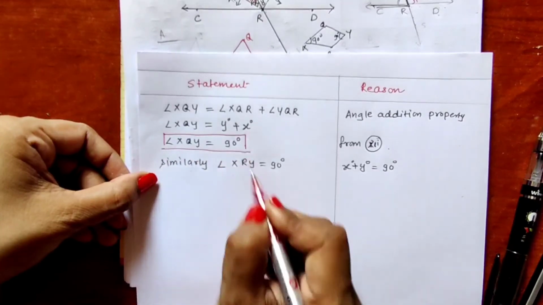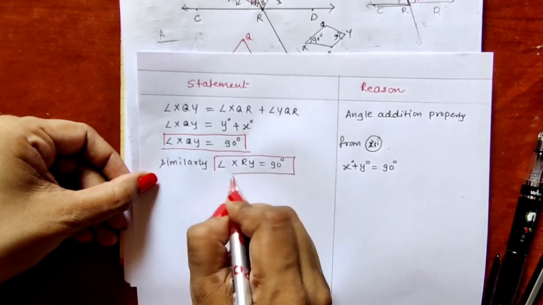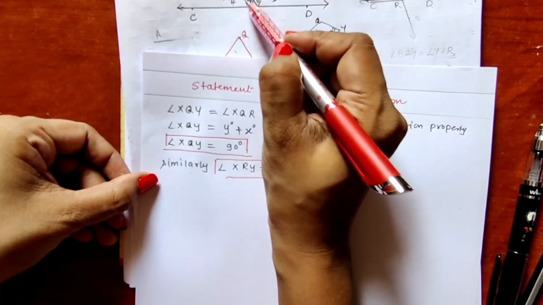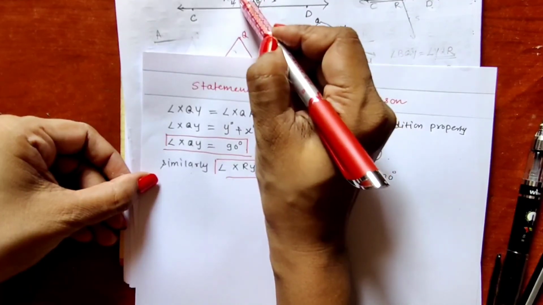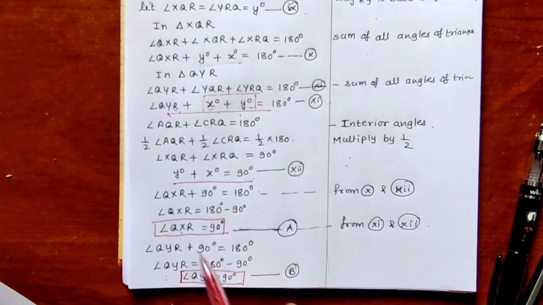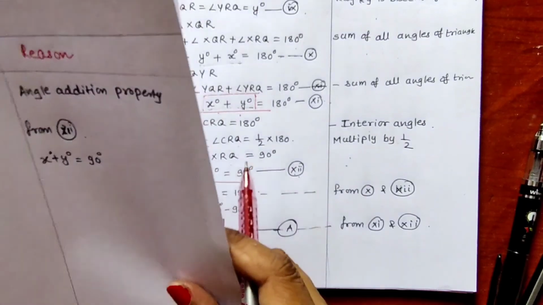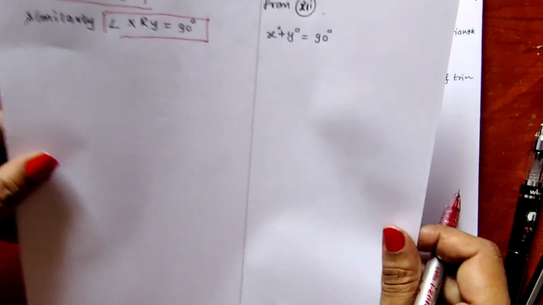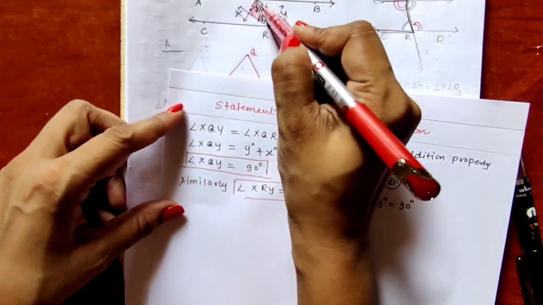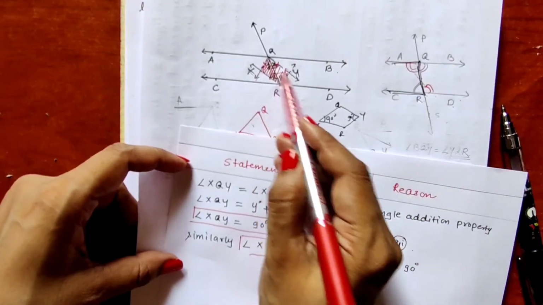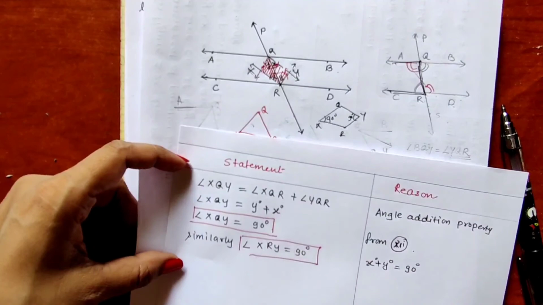XQY is 90 degree, XRY is 90 degree, angles QXR and QYR are also 90 degree. So when all four angles are 90, 90, 90, 90 degree, this quadrilateral will be a rectangle.